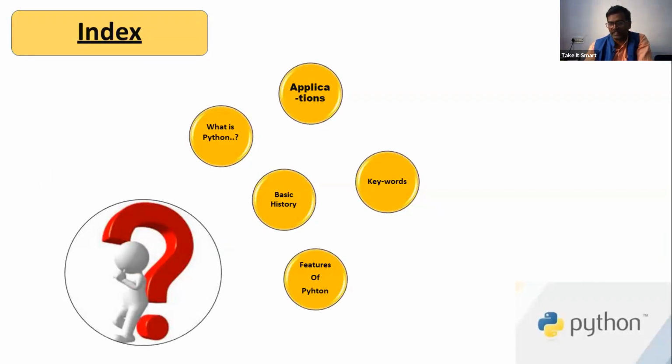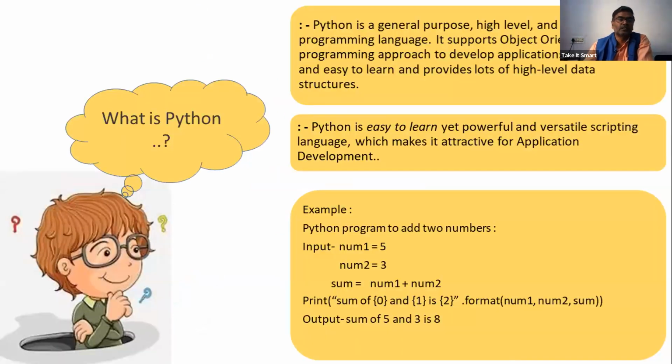It's a programming language, correct? And what kind of application can we develop? You may at least know one type, that we are going to develop web applications. And I am going to discuss the basic history, fine. What is Python? It is well defined here.